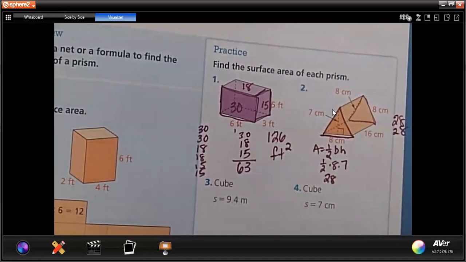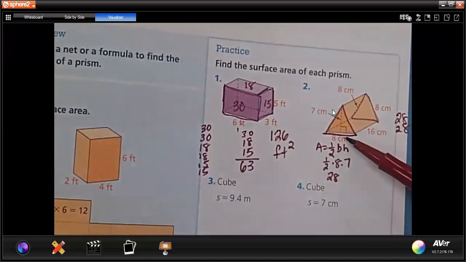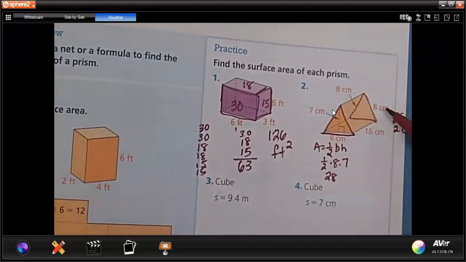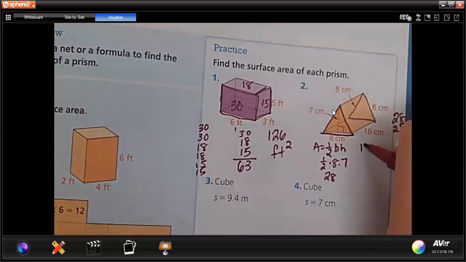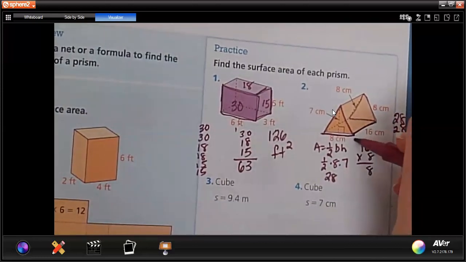And then the sides of my triangle, I can see this is another equilateral triangle. All 3 sides of the triangle are the same. They're all 8. So I can do 16. That's that here. 16 times 8. 8 times 6, 48. 8, 1, 128.